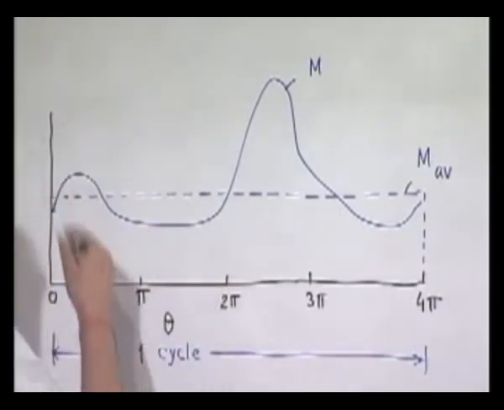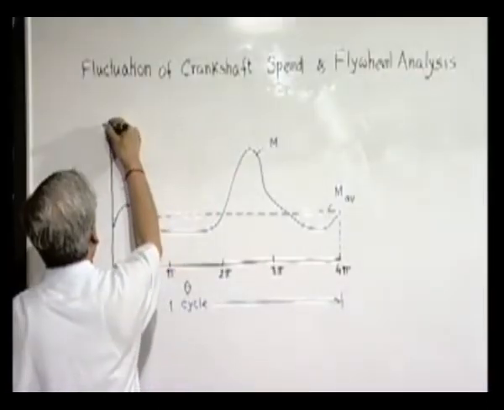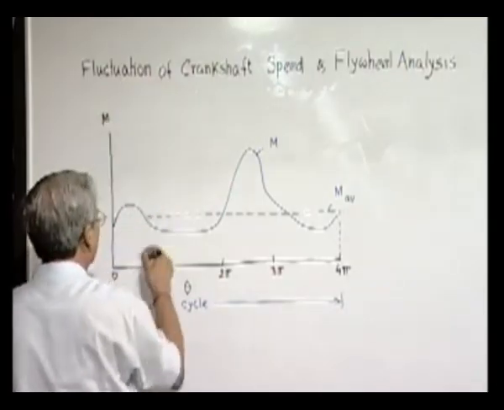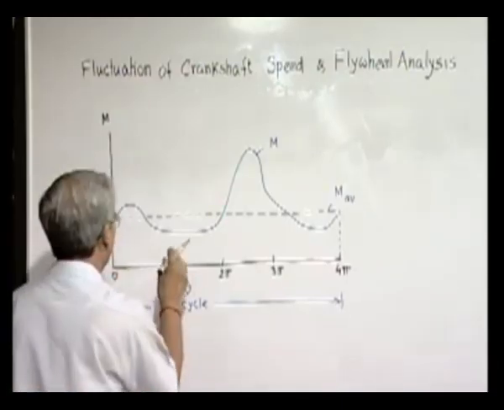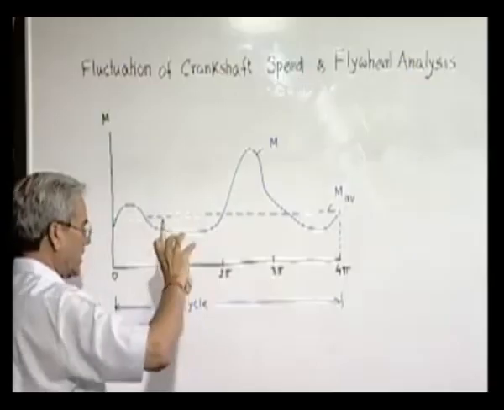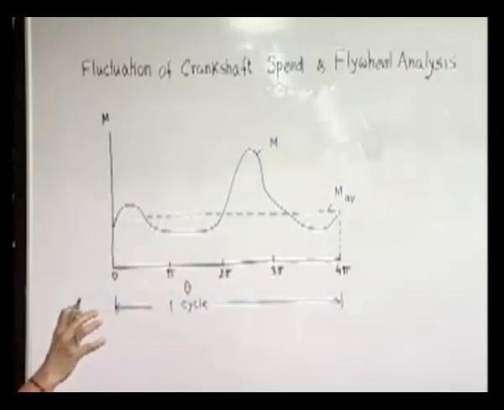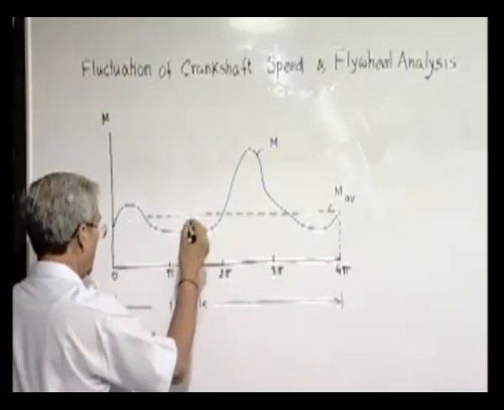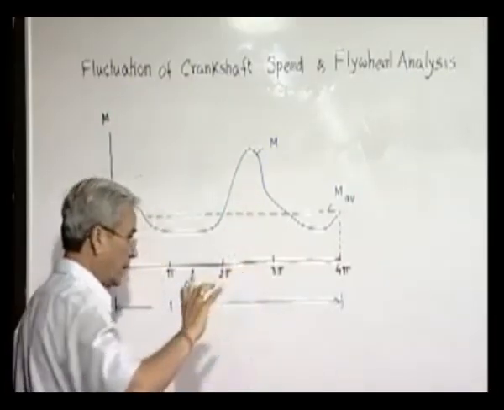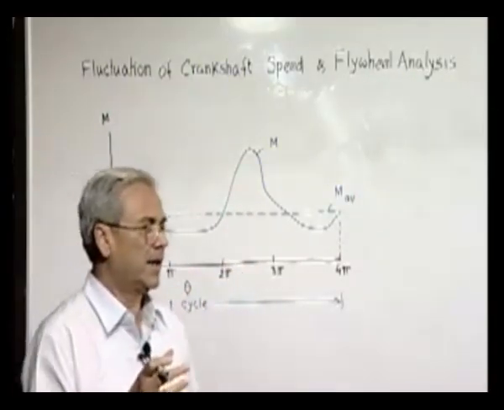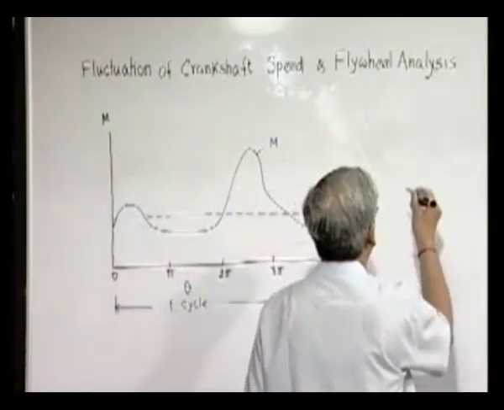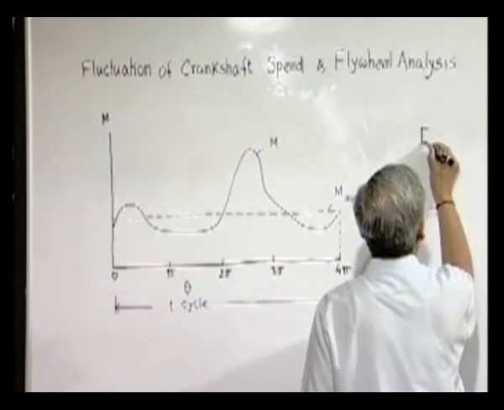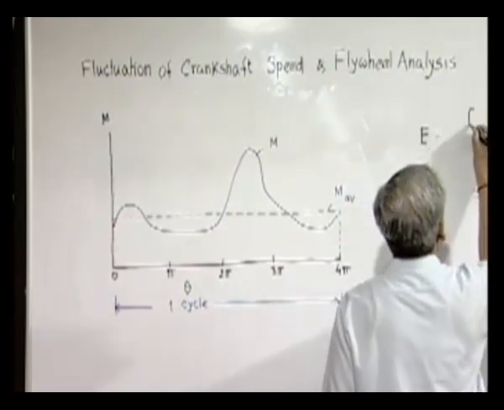Now, the total work done by the engine in one cycle is what? Because if the crankshaft is rotated by an infinitesimal angle d theta when the turning moment on it is M, then the work done by the engine is M d theta.